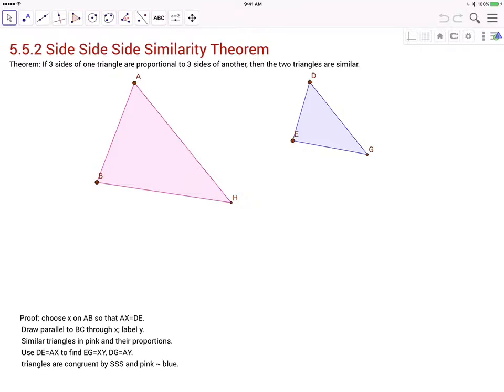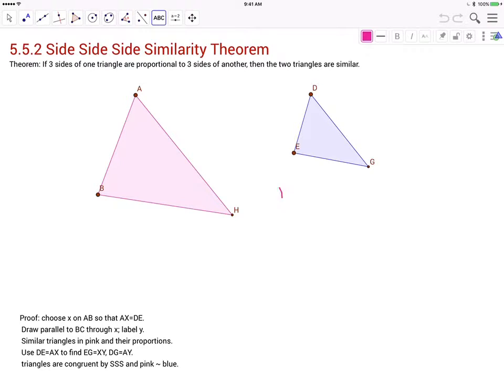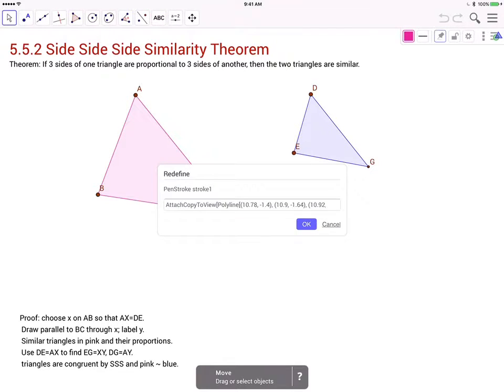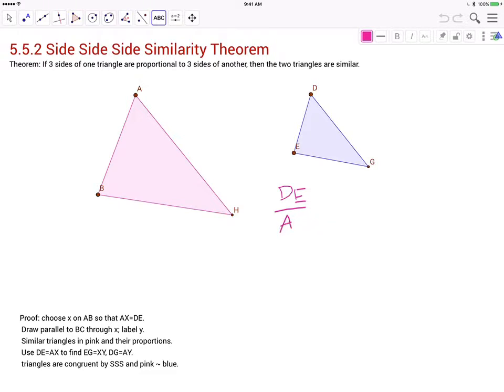Let's write down the givens, okay, so that we know that DE relates to AB the same way that DG relates to AH, or the same way that EG relates to BH.